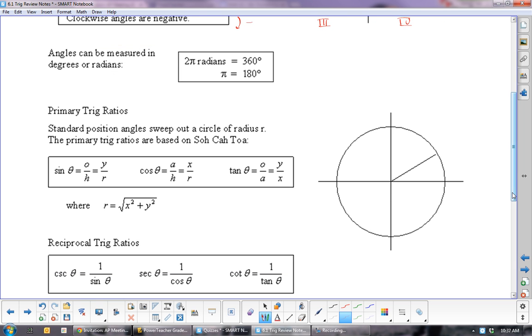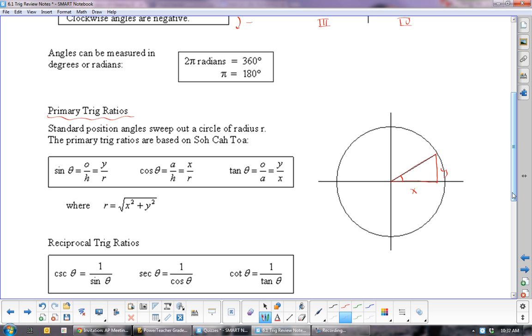Okay, then we have our primary trig ratios. Now, when we have any single radius on a circle, that can always be made into a triangle. And this triangle would have dimensions x and y. Now, this is your angle.